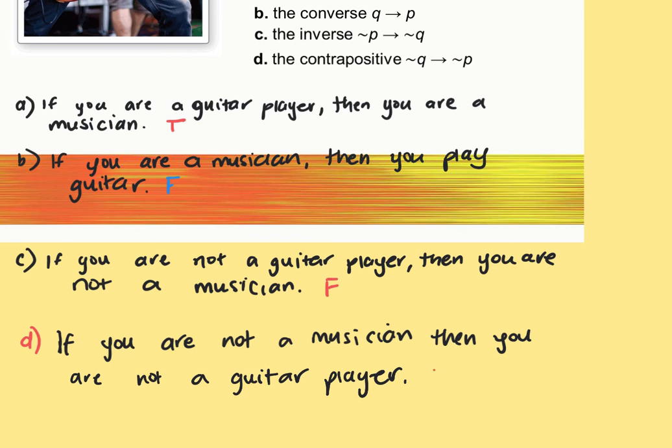That one's true. So the way we typically determine if it's true or false is to figure out, is there a way for the if to happen and the then not to happen, right? So if you're not a musician, can you play guitar? No. And that's why that makes that true.